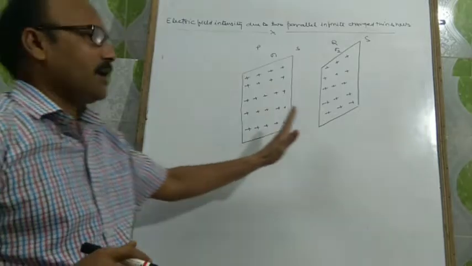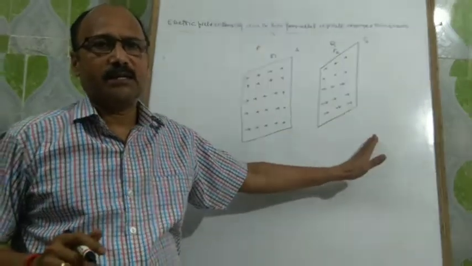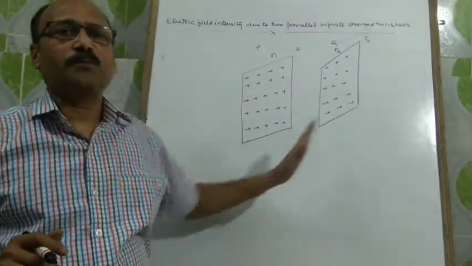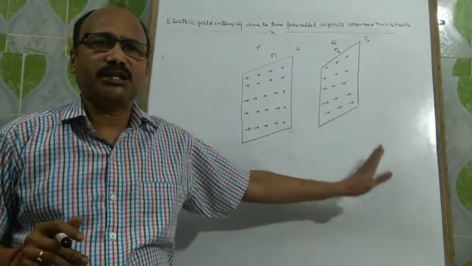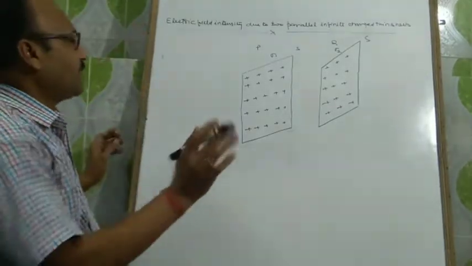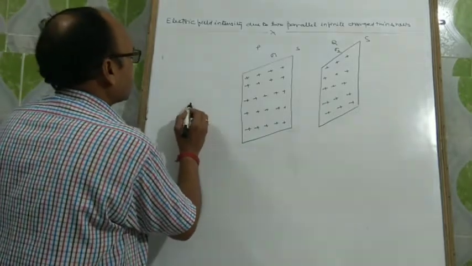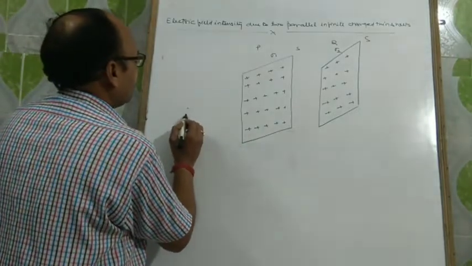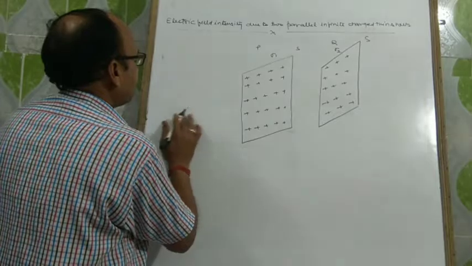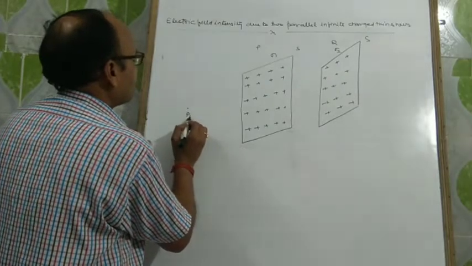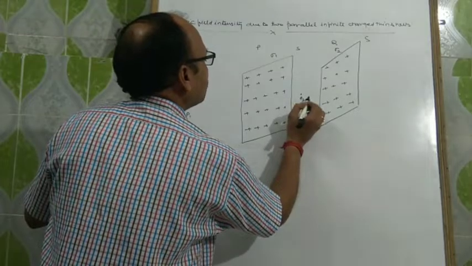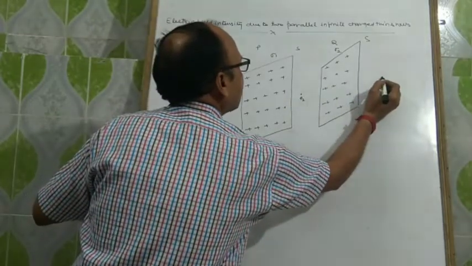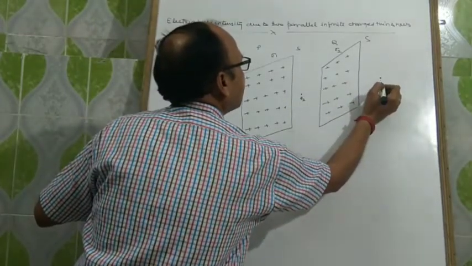Now we have to find out the electric field intensity due to these two parallel infinite thin charge sheets. So there will be 3 points. This will be the first, P1. This is the point of observation between these two, P2, and this will be on the right side, P3.